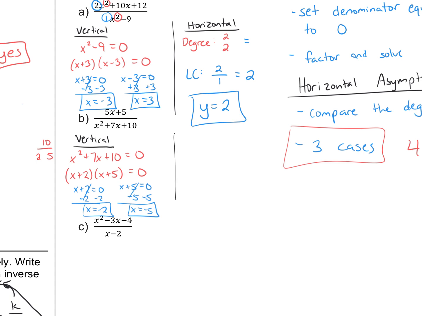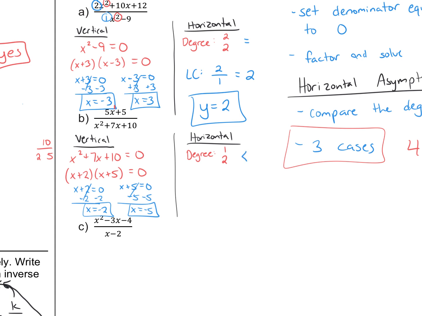Take the fraction and look at the degrees. Yep. What is the degree of the numerator? 1. Right. If there's no exponent, you can assume it's 1, right? So 1, and what's the denominator? 2. Are they equal? No. Is the numerator less than or greater than? Less.